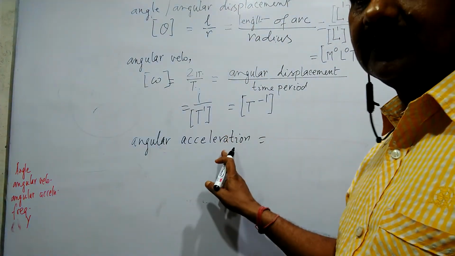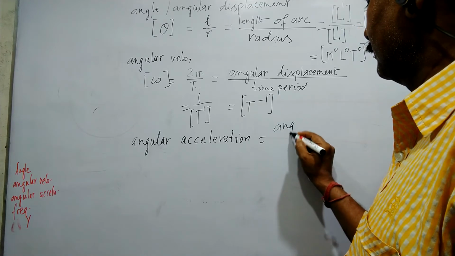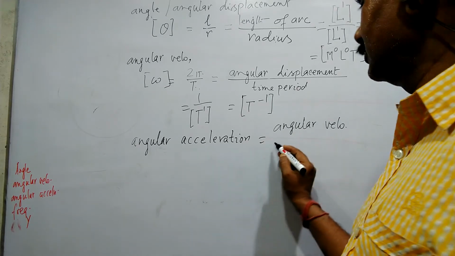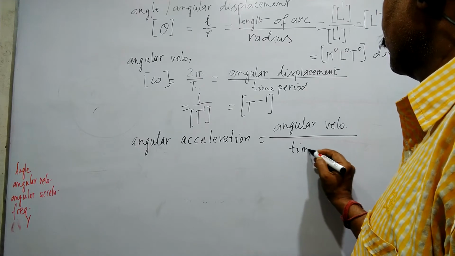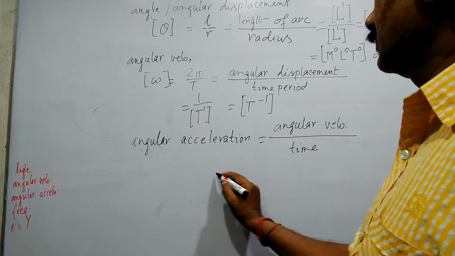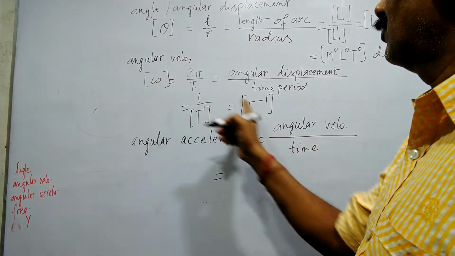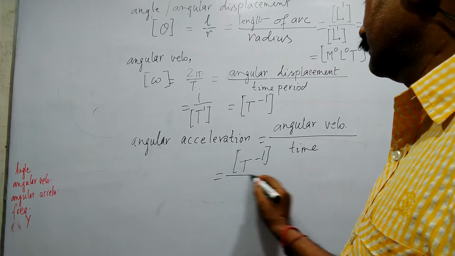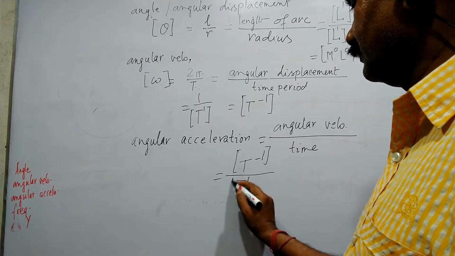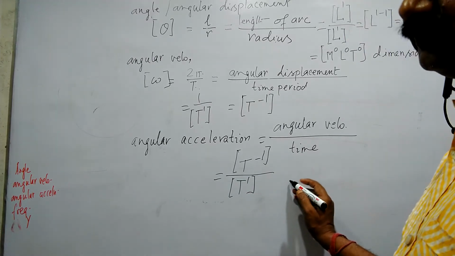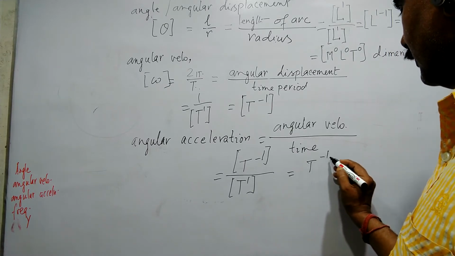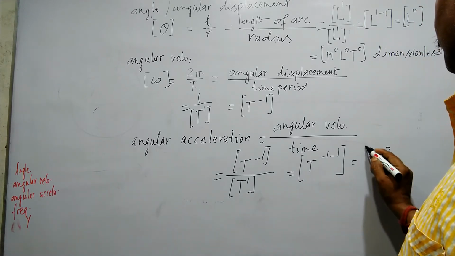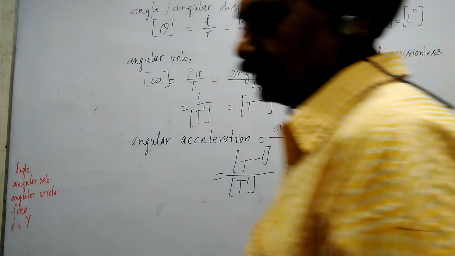Just as acceleration equals velocity divided by time, here it is angular velocity by time. The dimension of angular velocity we have already known, that is T to the power minus 1, and here T to the power 1, then this one is T to the power minus 1 minus 1, that is T to the power minus 2.